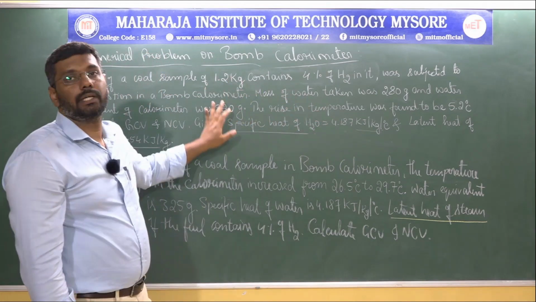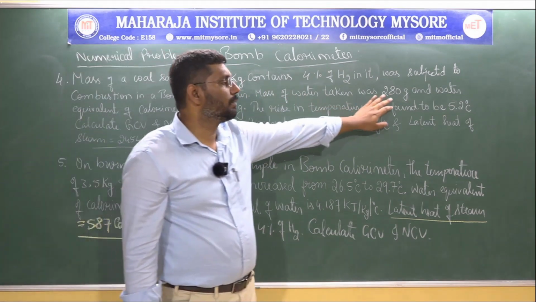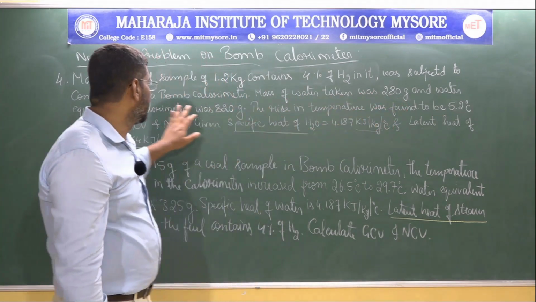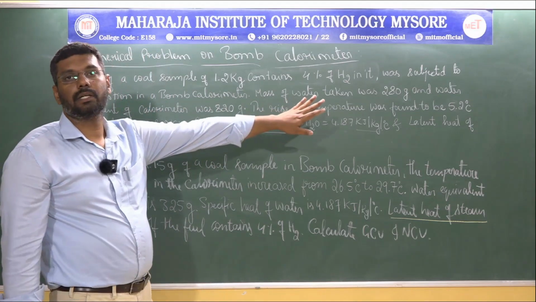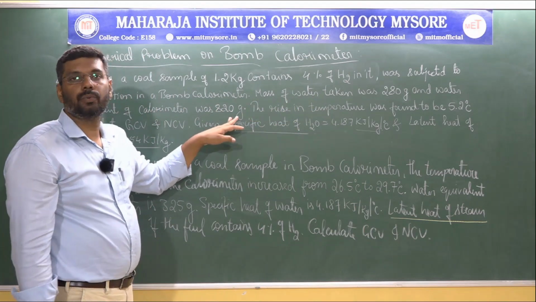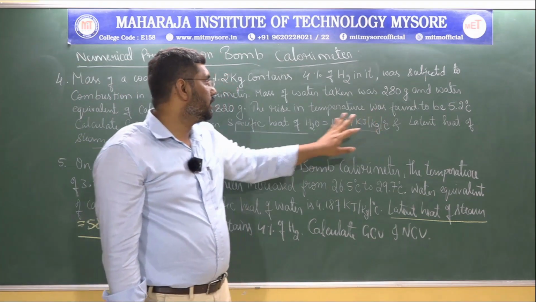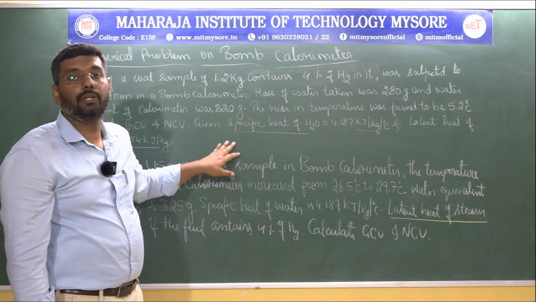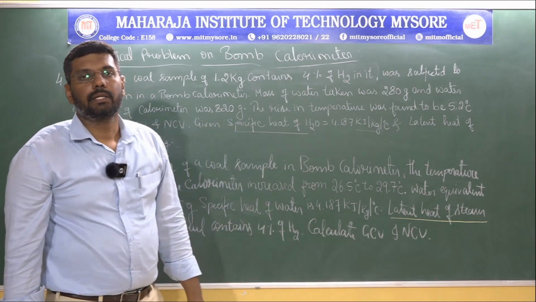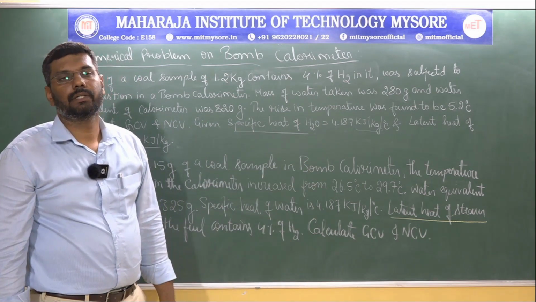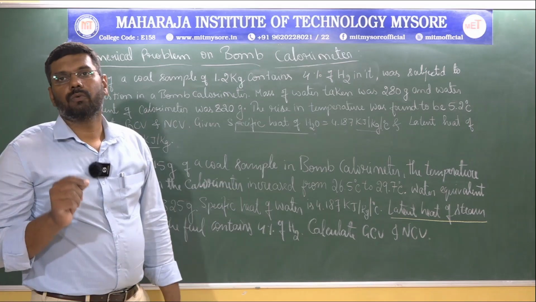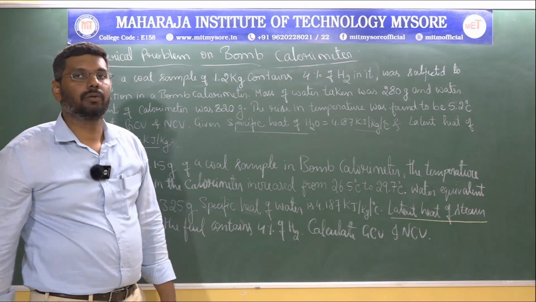The only thing that has to be converted here is the mass of the water and the water equivalent, which are given as 280 grams and 820 grams. So W plus w, that is 280 plus 820, into 10 raised to minus 3, is how to convert the given mass of water and water equivalent from grams to kilograms.